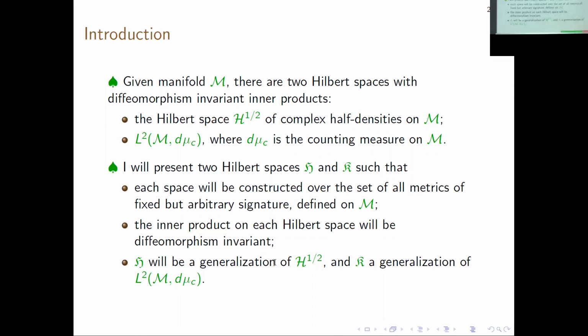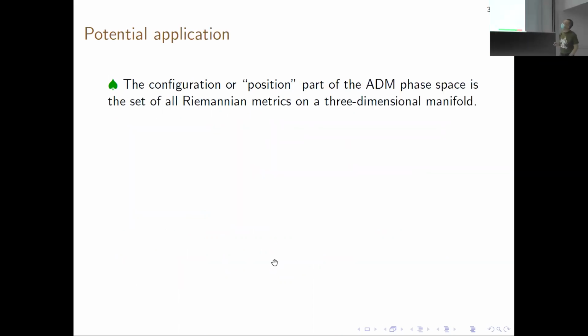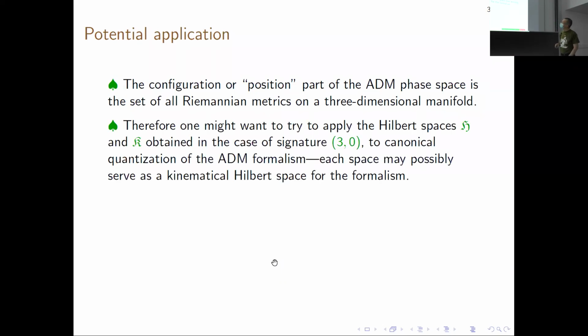Regarding potential applications of this construction, let me note that the configuration part of the ADM phase space is the set of Riemannian metrics defined on a three-dimensional manifold. And therefore one may try to use these Hilbert spaces, either H or K, obtained for the signature 3,0, for canonical quantization of the ADM formalism.